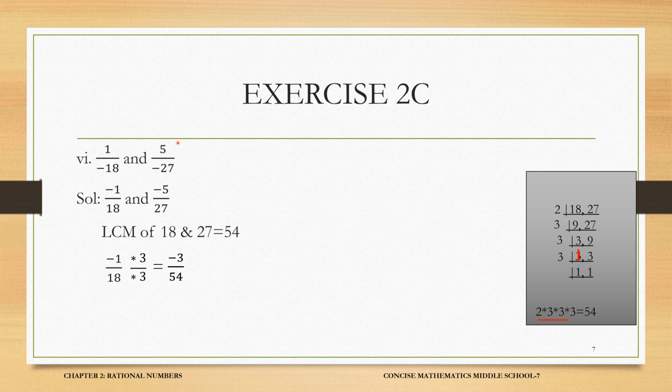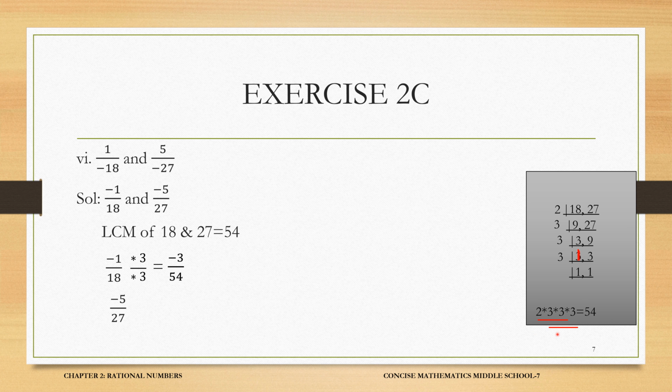Now just write down the second rational number, that is minus 5 by 27. Even here 27, right? With 27, which number you should multiply? If you are not able to understand, look here children, I'm going to underline it again. If you multiply 3 into 3 into 3, it is 27, right? 3 threes are 9, 9 threes are 27, right?